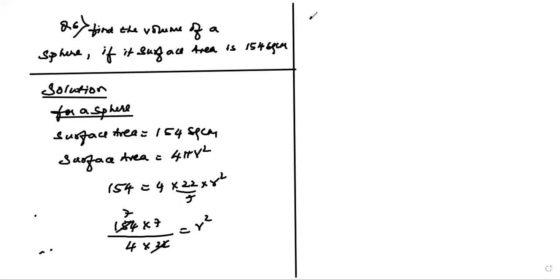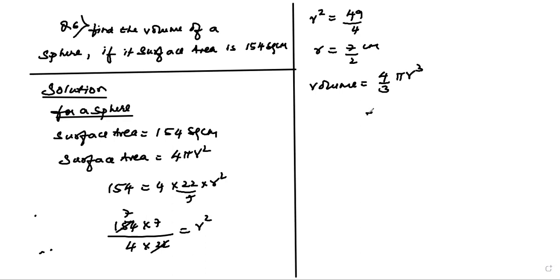So r square equals 49 upon 4. Taking square root on both sides, r equals 7 upon 2 centimeter. But children, I want volume. Now you can go for the formula: volume equals 4 upon 3 pi r cube.